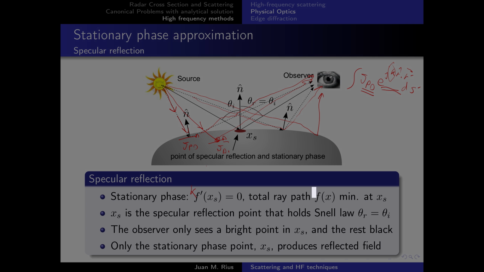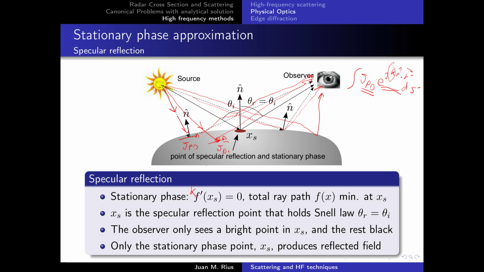The f, which is the total length of the path, is minimum at some point, and that is the point of stationary phase, because the point of stationary phase was defined as the point where the derivative of the phase is equal to 0. The phase is equal to k times the path length. So the point where the path length has the 0 derivative, the minimum, is the stationary phase point.